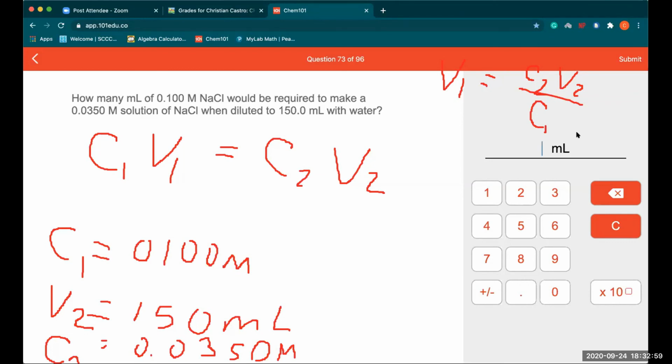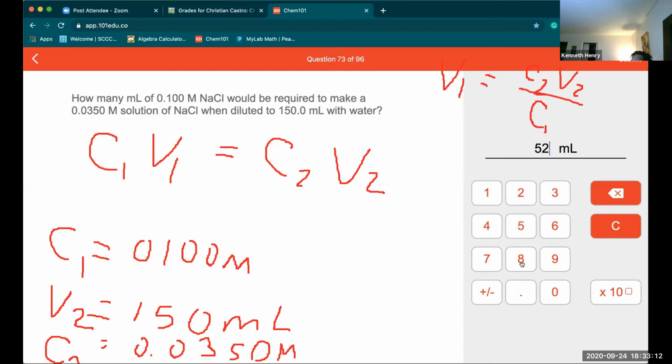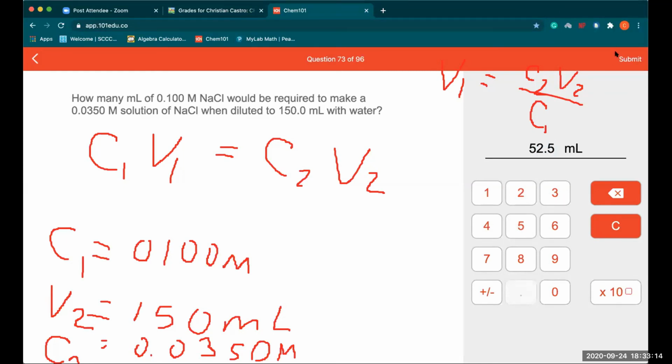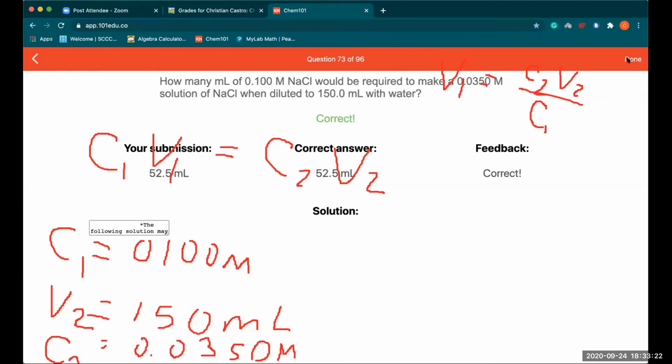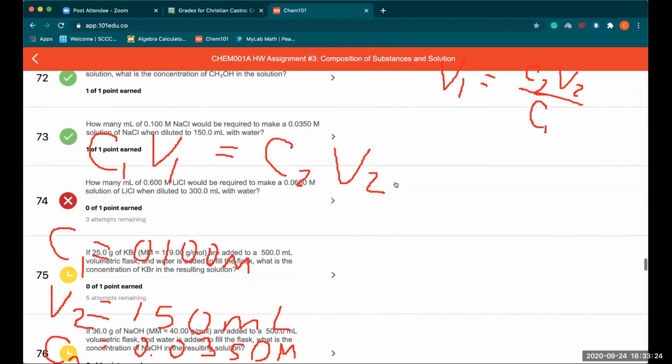I didn't plug it in. I was waiting for you to give me the answer. 52.5 milliliters. Sounds good. Plug it in. Let's see if he's right. Oh yeah, nice. So that's the same case for 74.